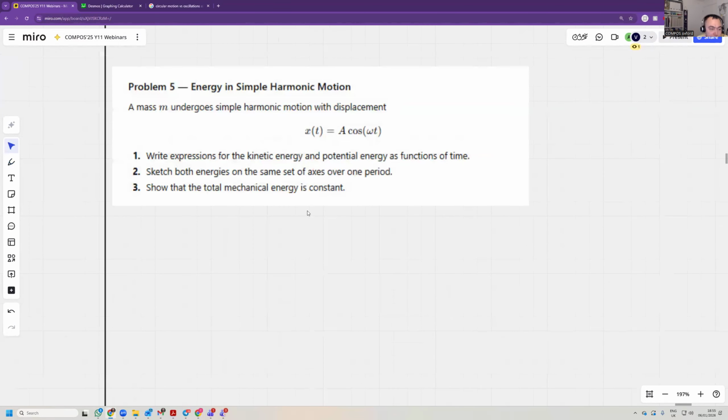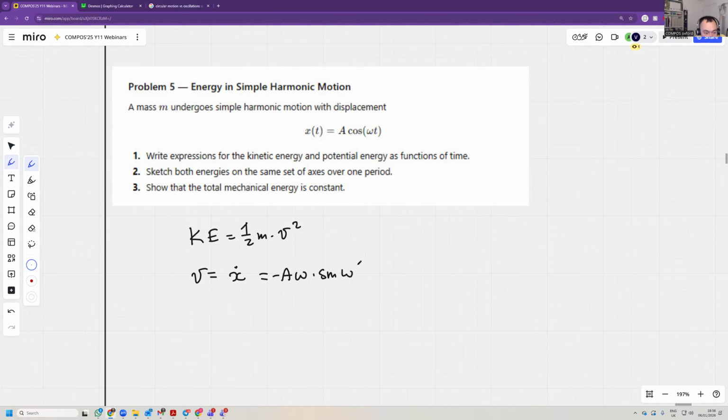So we know that the kinetic energy is 1/2 m multiplied by v squared. And v, velocity, is the derivative of displacement. So let's calculate the derivative of displacement, and that's equal to minus a omega multiplied by sine omega t.